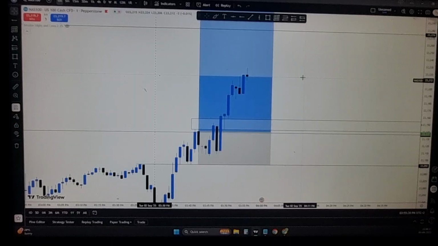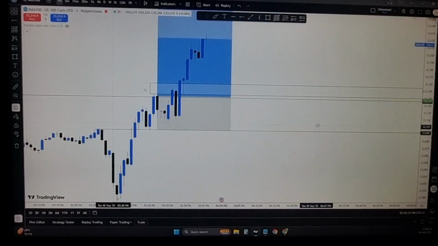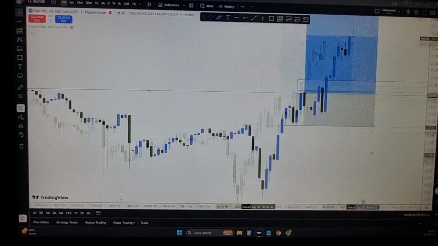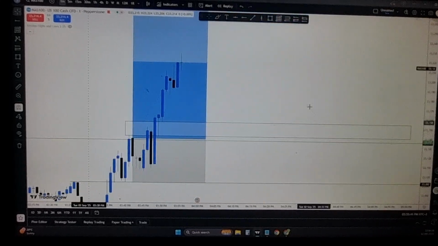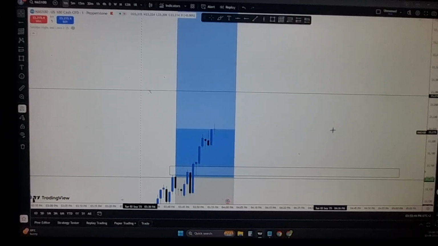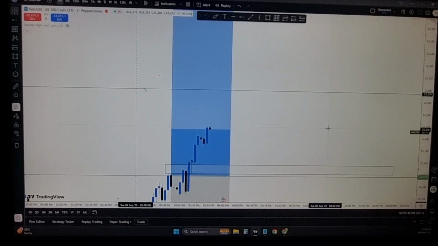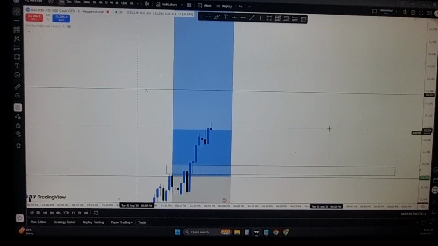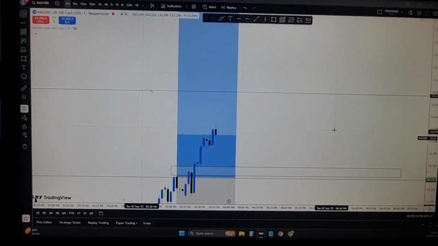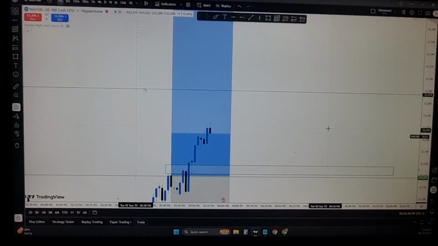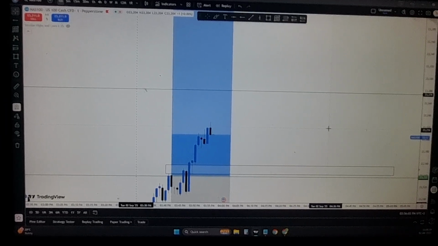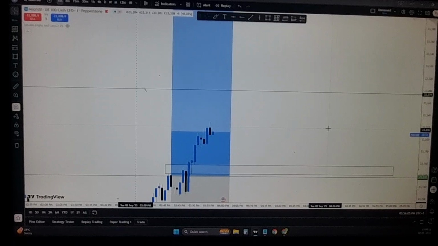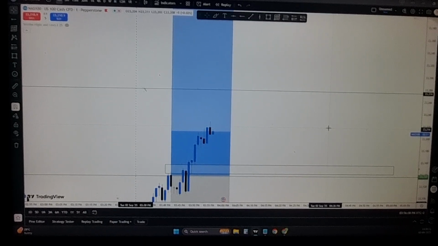Okay, we are seeing a rotation to the downside. Now we're waiting for a 1 minute break of structure to the downside, if that's gonna be possible.